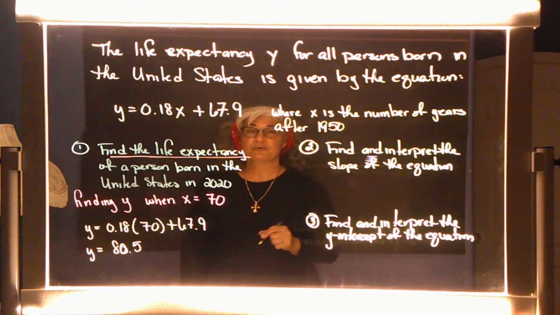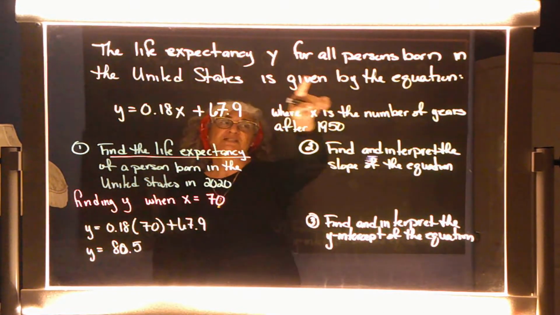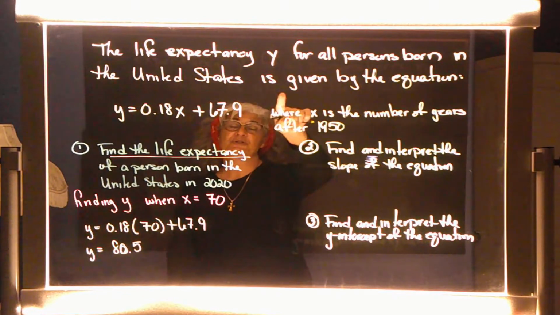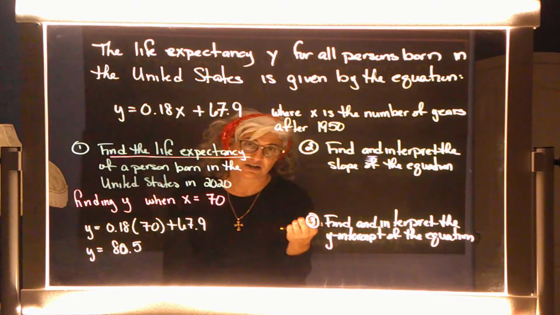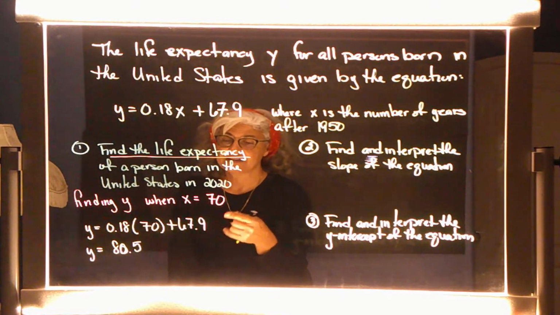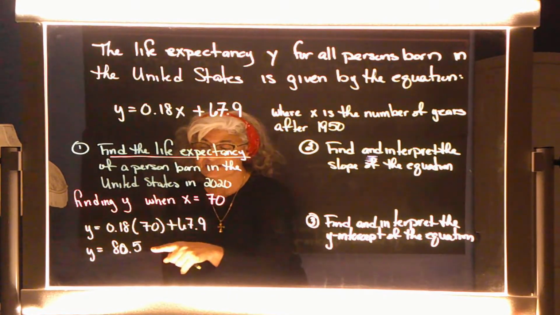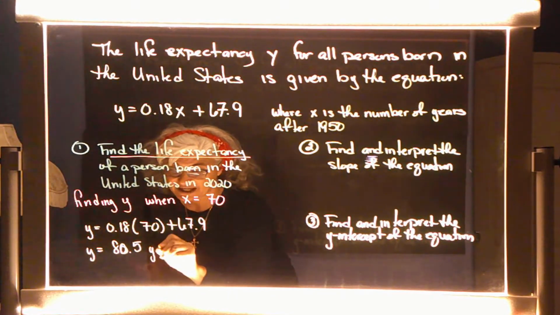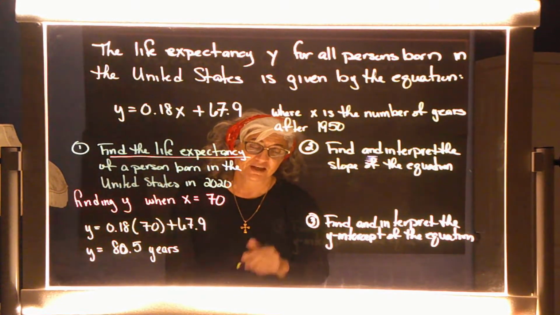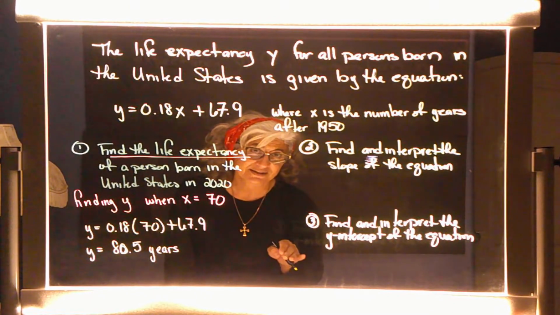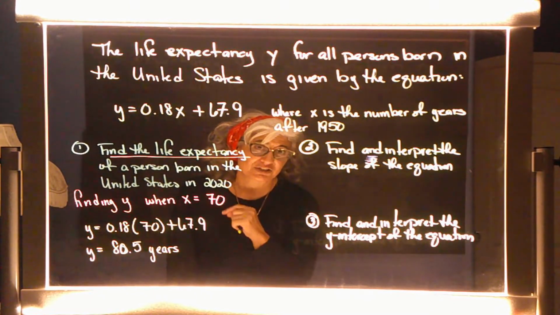Now, let's remember what y represents. It's the life expectancy for all persons born in the United States. So that means, according to that equation, that somebody born in 2020 is expected to live 80.5 years. That's their life expectancy. Don't set that in stone, I'm just saying, but this is what that equation says.